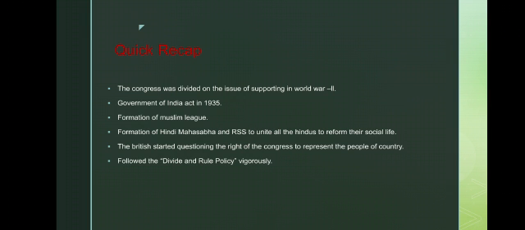What was the need for the Muslim League, and the formation of the Hindu Mahasabha and the Rashtriya Swayam Sevak Sangh, and what changes they wanted to bring in social life, as well as the policy adopted by the Britishers, that is divide and rule, to divide the nation with a communal feeling.